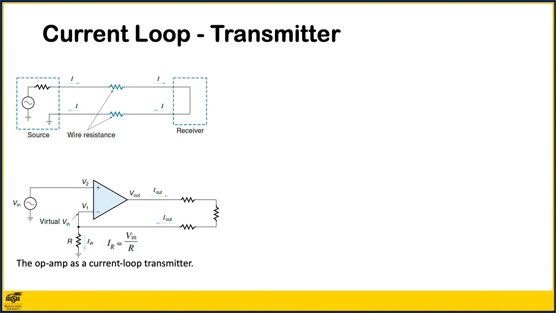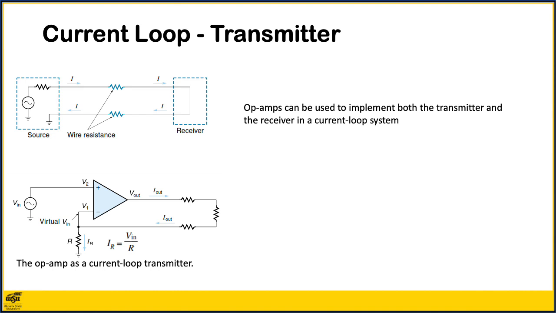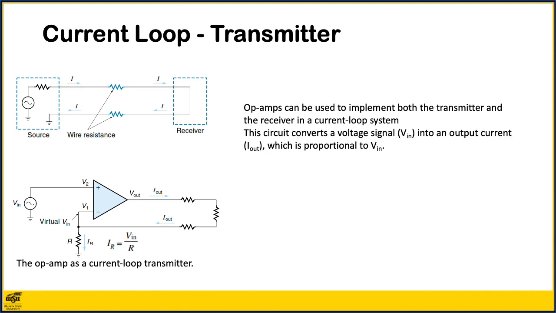If most transducers produce a voltage signal, how do we convert that information to a current signal? Well, since this is a chapter on amplifiers, there should be no surprise that op-amps play a role. Op-amps can be used to implement both the transmitter and the receiver in a current loop system. This diagram shows a transmitter circuit.